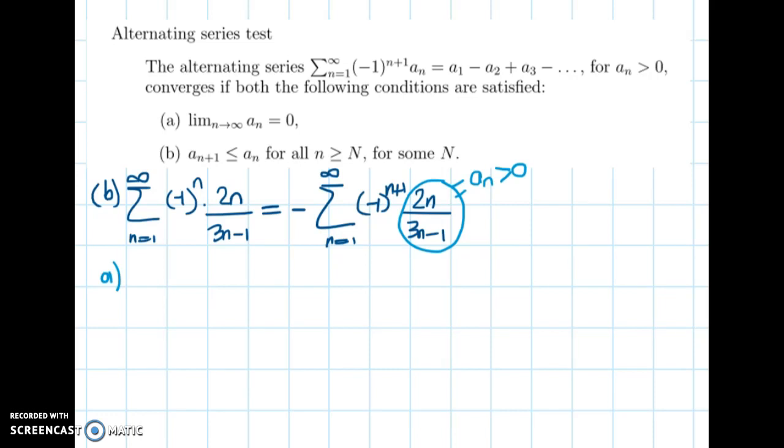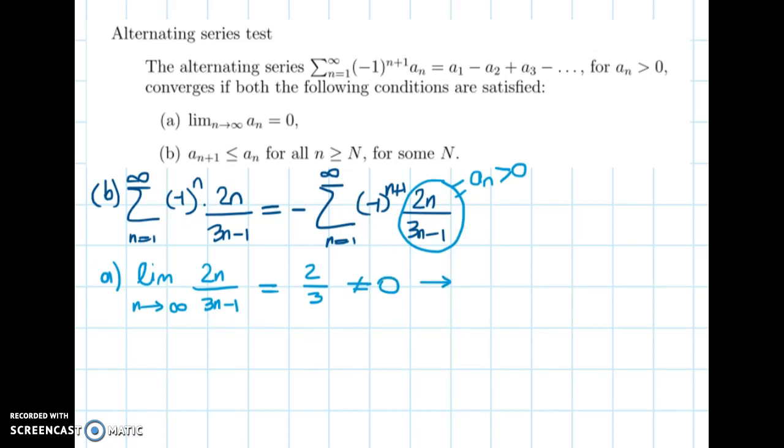We're going to see here that it's a good idea to test the first one first. Say we're doing the limit as n approaches infinity of 2n over 3n - 1. If we try to do this limit, we get 2 over 3. And that's not 0.